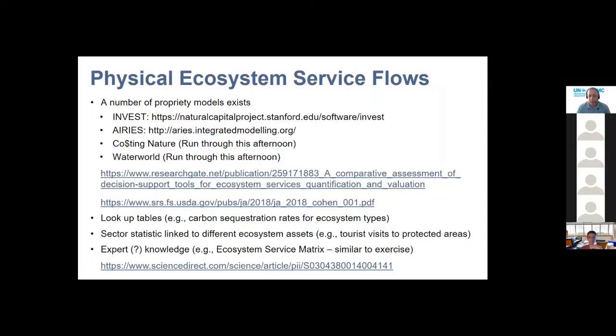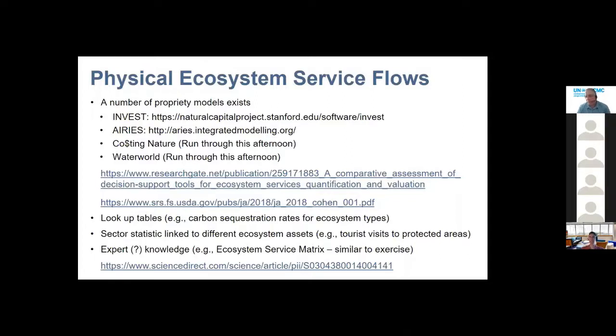Other approaches are the use of lookup tables, so carbon sequestration rates for different ecosystem types. You can also look at national sector statistic reports and disaggregate those to different ecosystem assets. So, for example, tourism visits to protected areas. And then there are some more expert knowledge type approaches.